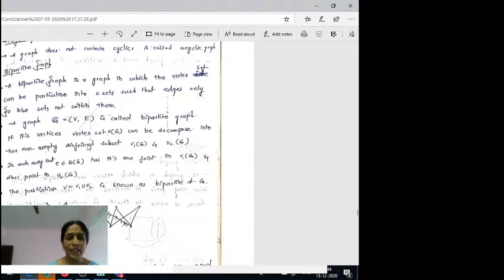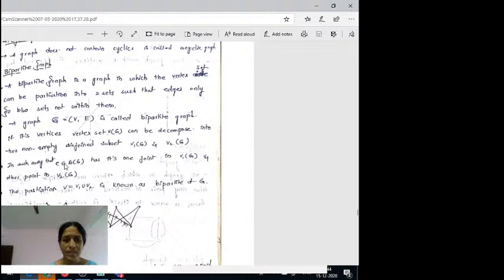That means the intersection of 2 disjoint subsets is null. That property should be satisfied, that means there is no common element between these 2, then we can say that these 2 sets are disjoint sets.